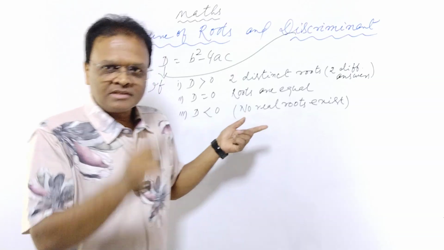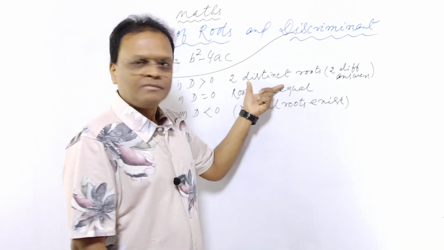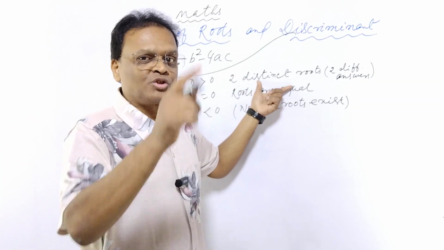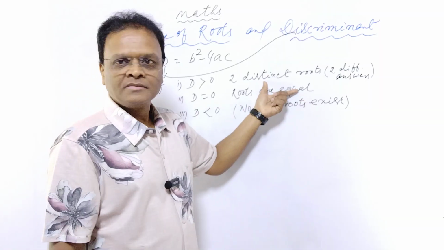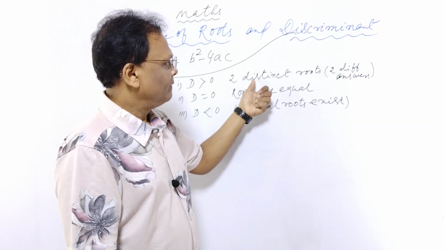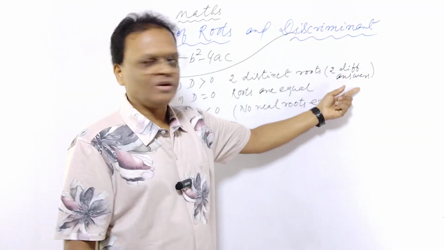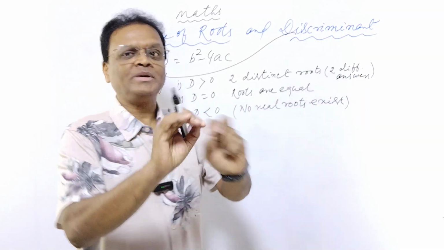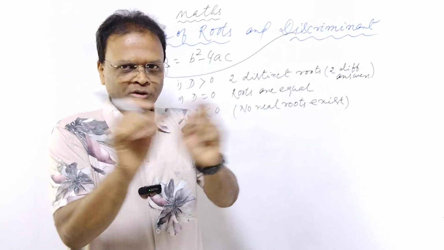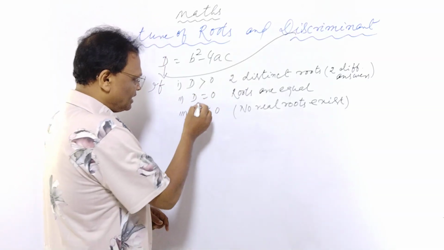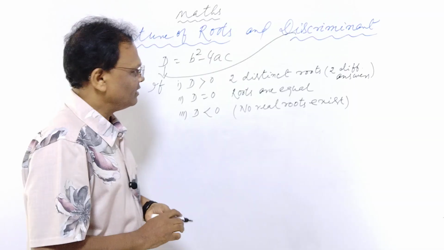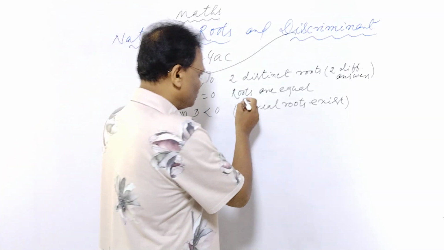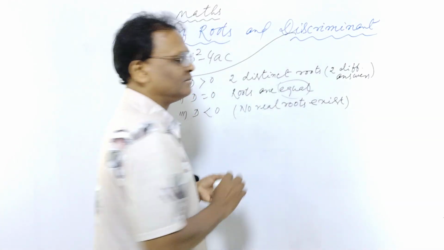If D value is greater than 0, two distinct roots means two different roots, right? So you will get two different answers. You will get two different numbers. Means x value must be different. Both the x values must be different. If D is equal to 0, then the roots must be equal.